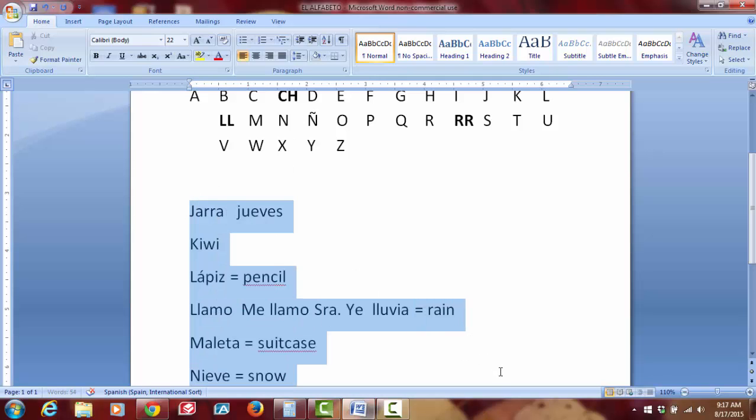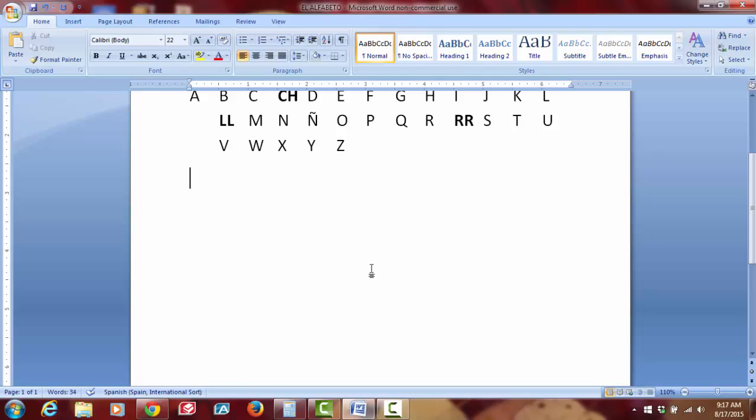And N-Y is the only letter that we don't have in the English alphabet. And the sound is ny, kind of like this. Ny, like in the English word canyon.